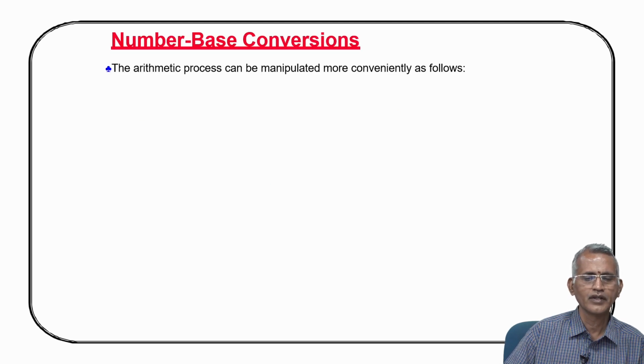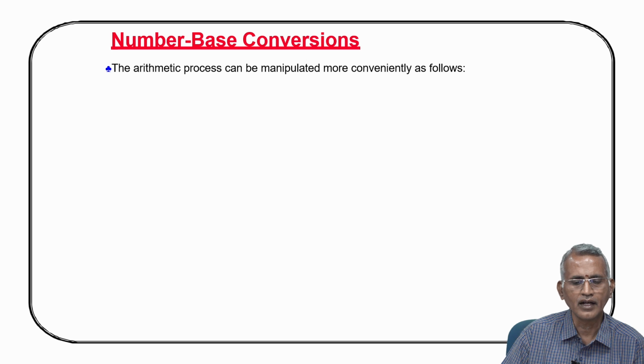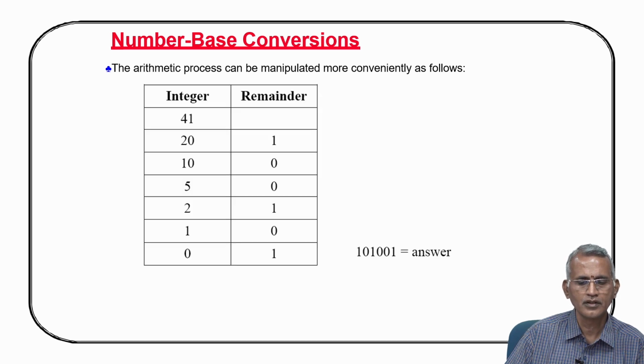So, we can understand from the previous number base conversion using the arithmetic process, and the arithmetic process can be manipulated more conveniently as follows. You take the integer 41 and divide by 2, the remainder is 1. Then 20 divided by 2 is 10, and there is no remainder, 0.